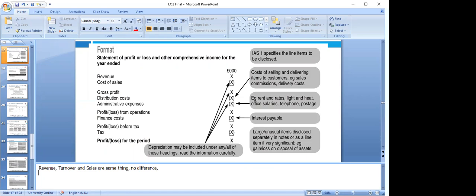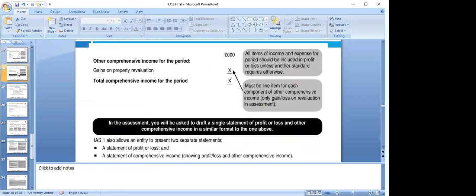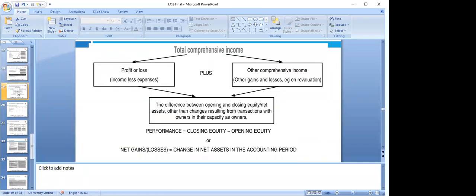Revenue, cost of sales, gross profit, distribution, administrative, profit from operations, finance. Yes, profit and loss, all we need to follow. Okay, then if you have a gain, other income, always we show it in the income statement as well. Yes, and we prepare under IAS 1 if it is a company especially.